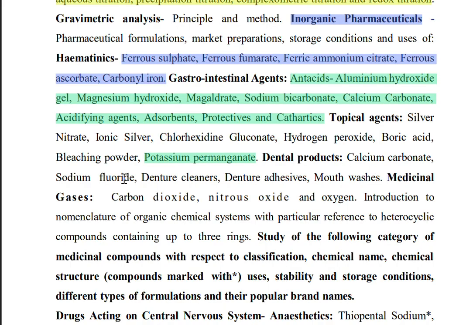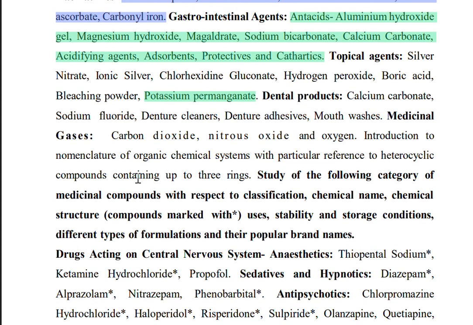In dental products, most toothpastes contain fluoride. It also removes the yellow stain on the teeth. Name one drug that causes yellow staining of the teeth. Yeah, tetracycline. Tetracycline is not given to patients along with milk because it forms a complex and causes dental decay.